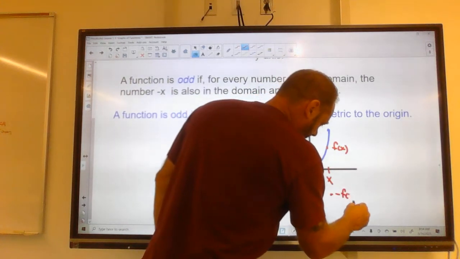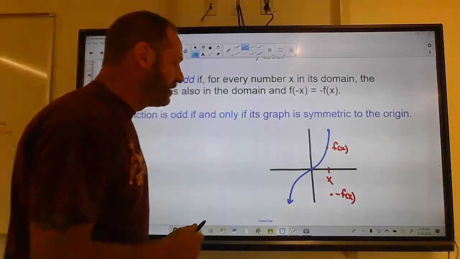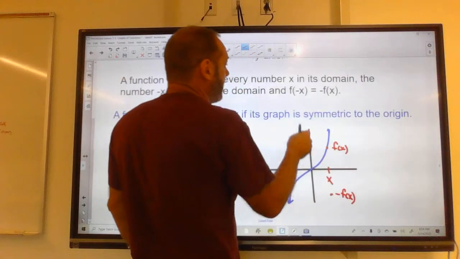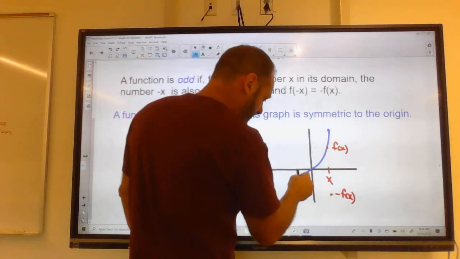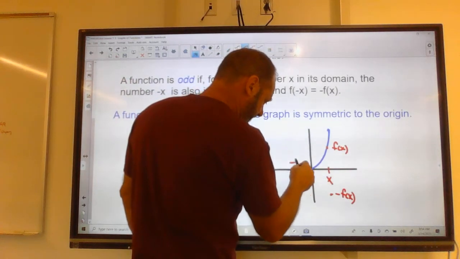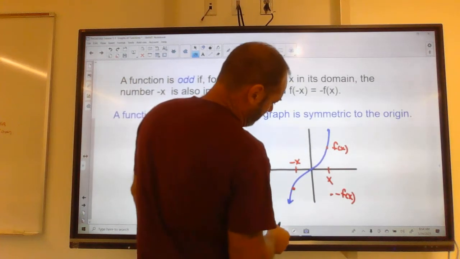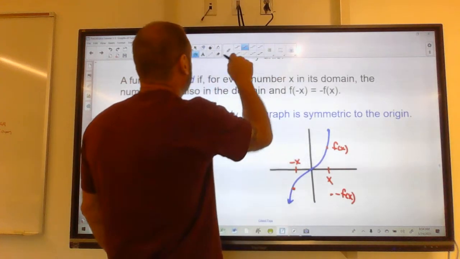This would be negative f of x down here, right? This is going to be the same distance as here. Now, f of negative x, so I go over here to negative x, and I take f of negative x. Well, my graph isn't very symmetric, I guess.